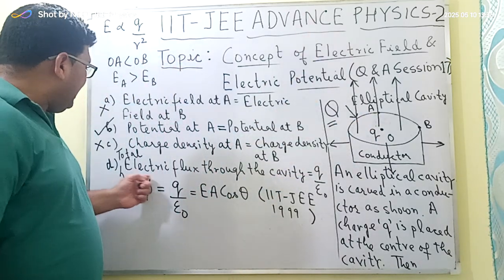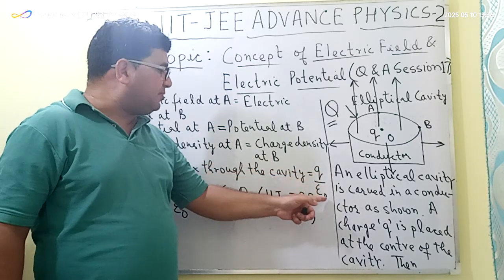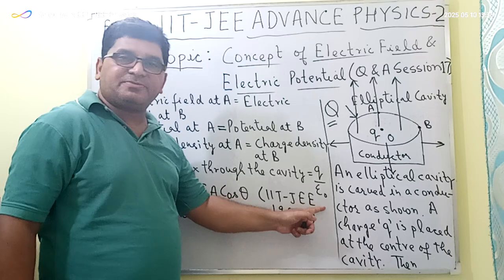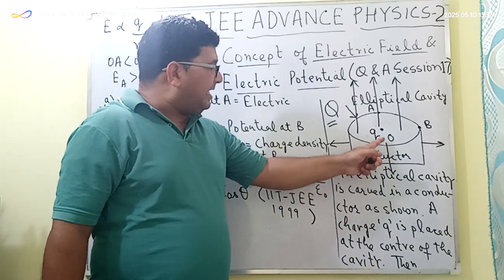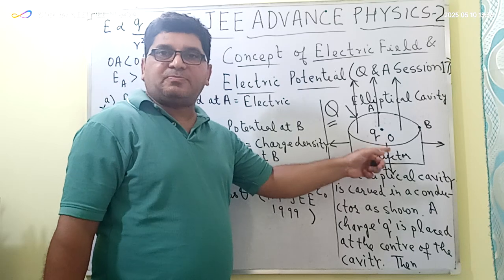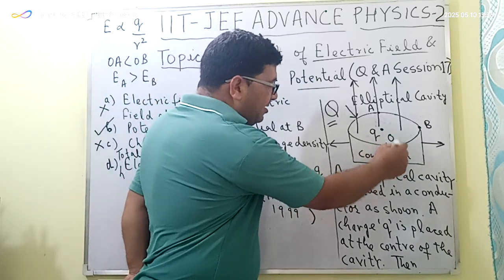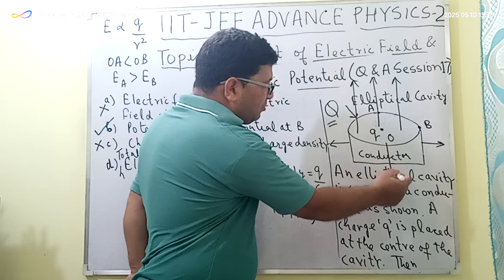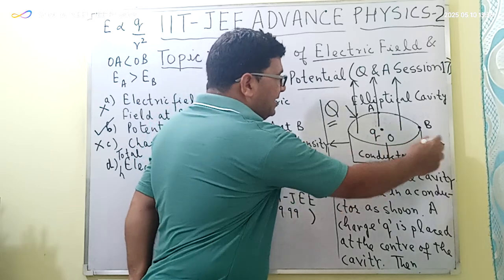However, the total electric flux through this cavity will not be equal to Q upon epsilon naught, because the electric field lines, because of this charge Q placed at the center of the cavity, will not be able to pass through the conductor in the directions shown by these arrows. That is, they will not be able to penetrate through the conductor in the downward direction and through the sides.